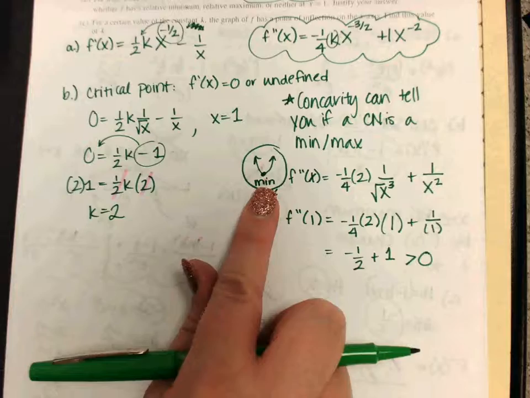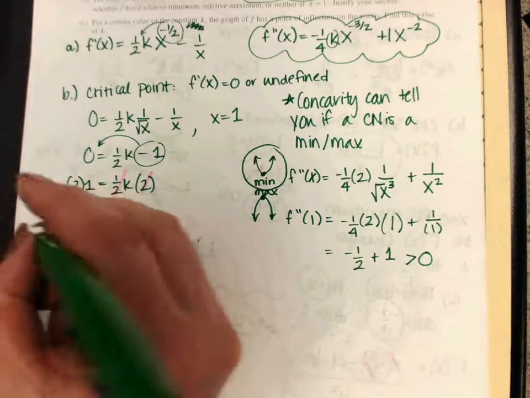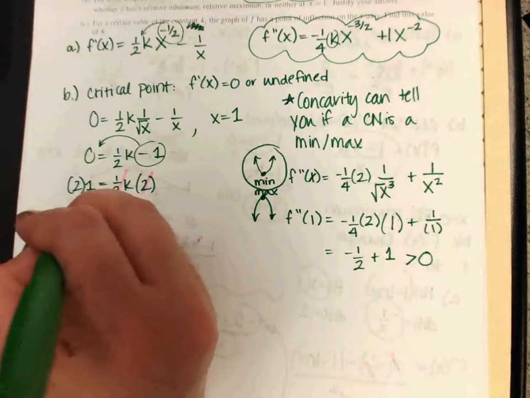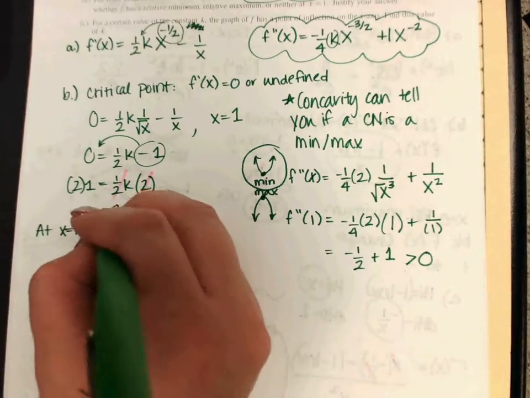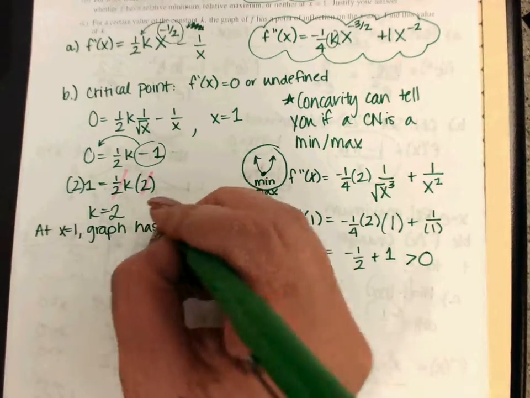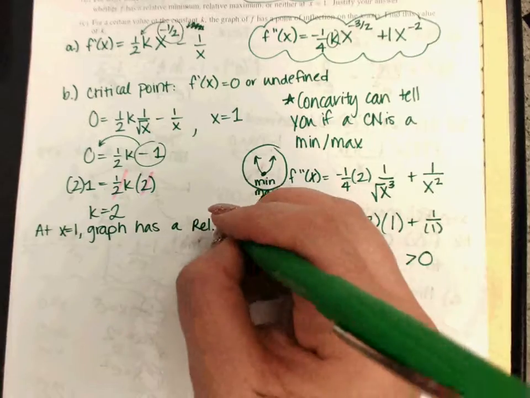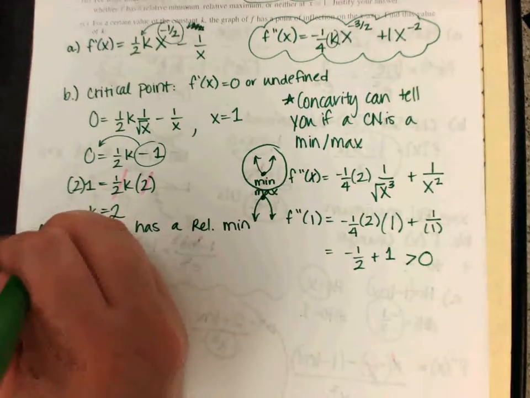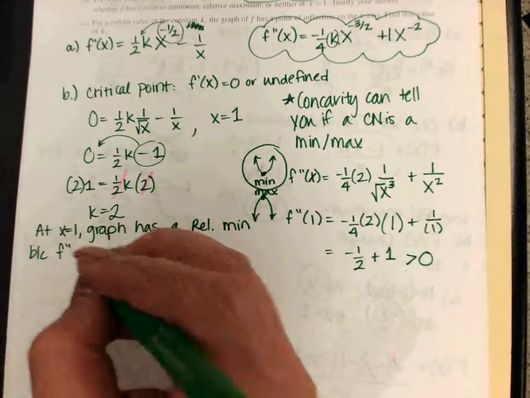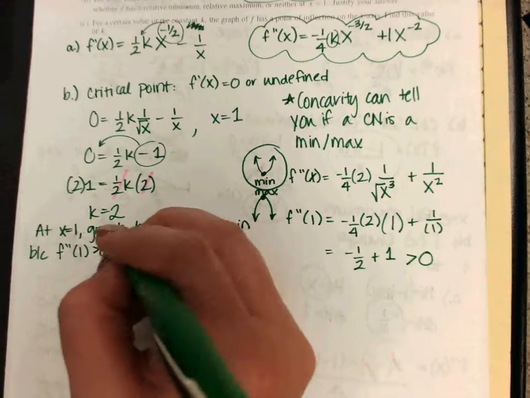So now I'm going to explain that. Okay, so I'm going to say at x equals 1, graph has a relative minimum because f double prime at 1 is greater than 0.